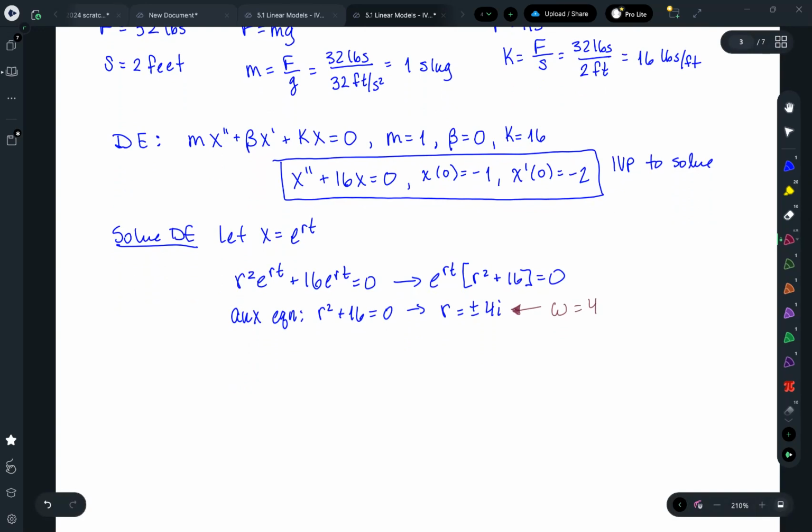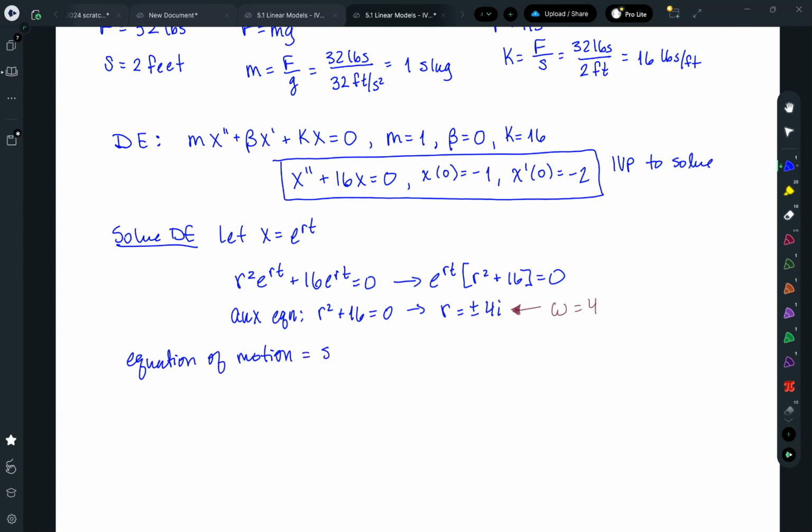So now that I know that, I know that the equation of motion is always the solution to the differential equation. Okay, and so that's going to be x of t is c1 cosine of 4t plus c2 sine of 4t.